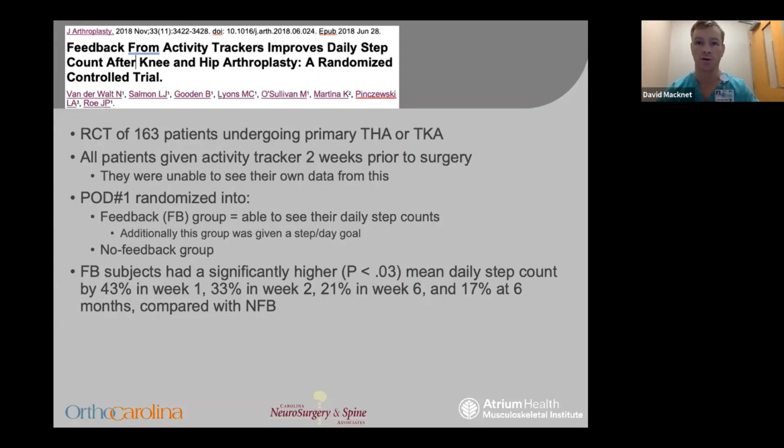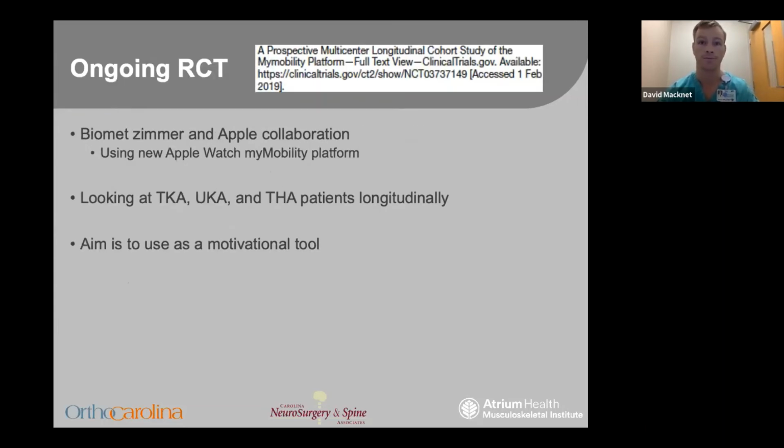The first group could see their daily data in step count and was given a step count goal, while the second group was not given any sort of feedback and could not see their step count. The patients who received the feedback from their device and had goals showed significantly higher activity levels at all time points postoperatively. This would have the potential to accelerate patient rehab without any additional physician or physical therapy input.